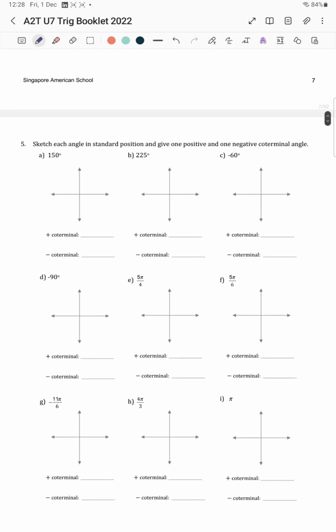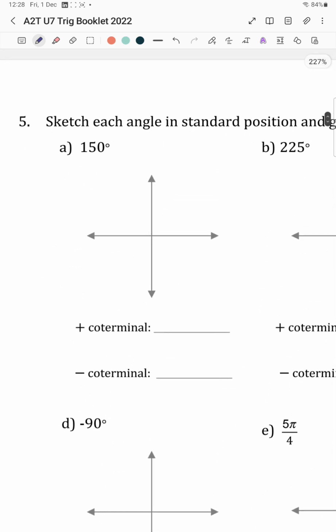Sketch each angle in standard position and give one positive and one negative coterminal angles. Okay. So we are going to sketch 150 degrees.